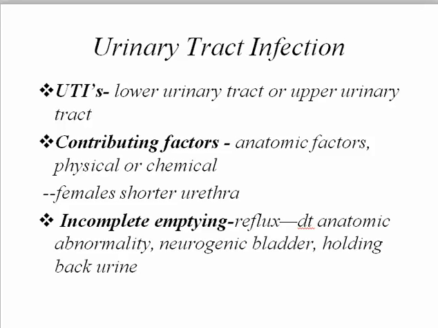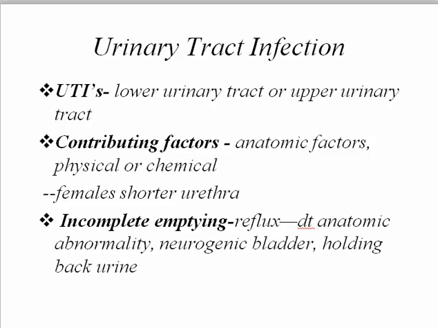So for females, their short urethra, which is 3/4 inch, as opposed to males, means there's a shorter distance for the microorganism to travel, as well as the possibility of contaminated urine returning to the bladder at the end of urination. Now with males, they have a longer urethra, and there are the antibacterial properties of the prostatic secretions that prevent entry and growth of pathogens.